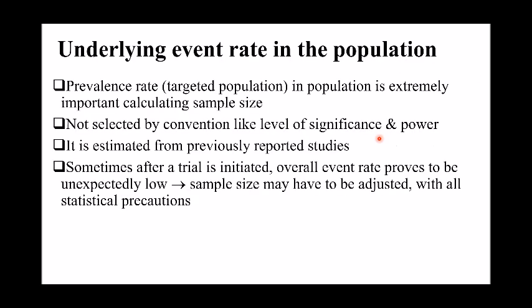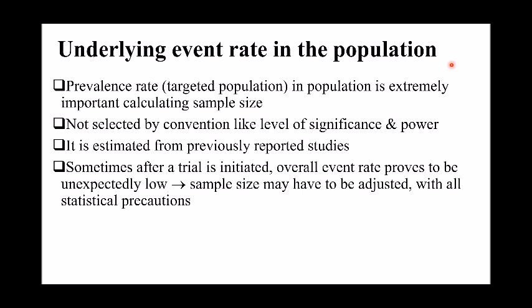Okay, I'm going to answer. The underlying event rate in a population is the prevalence of the targeted population in the whole population. It's from this that we calculate the sample size. The prevalence rate of a population depends on nature.